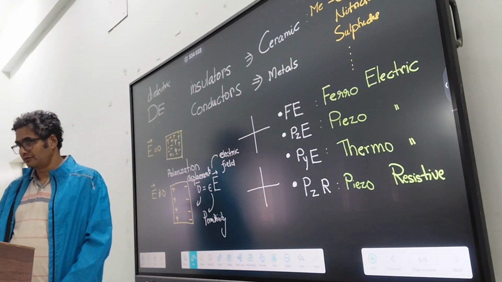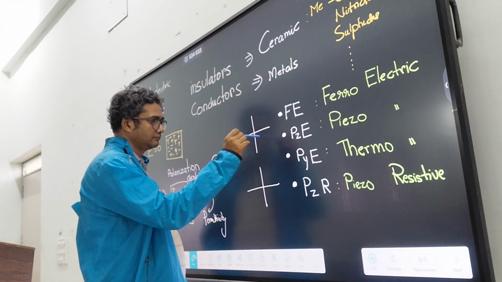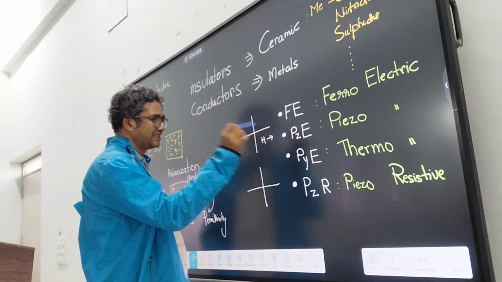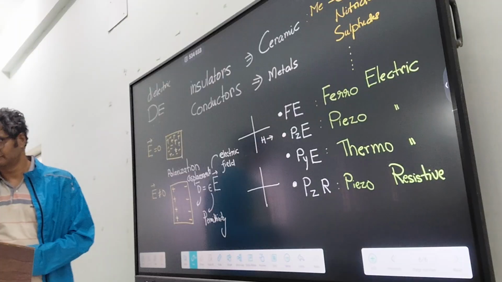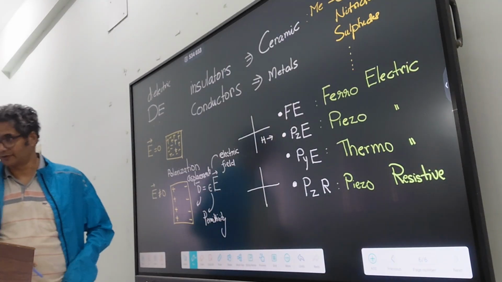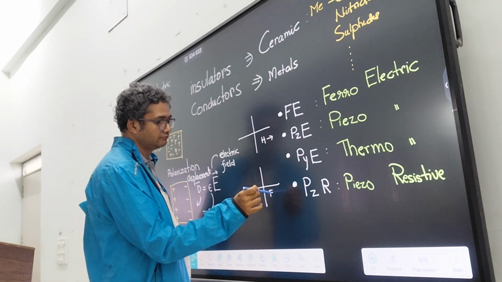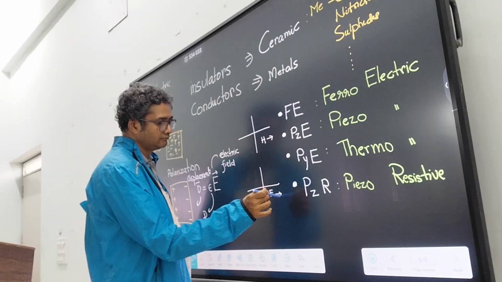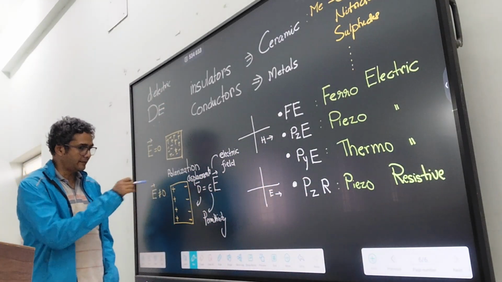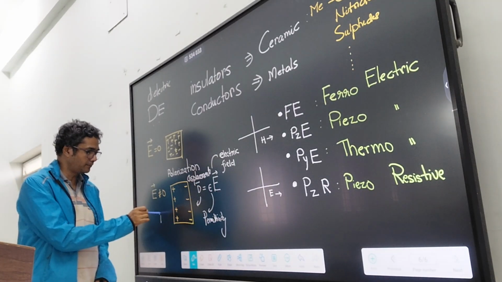ऊपर वाला जो डायग्राम है, that is with respect to H, H is the magnetic field, और नीचे वाला जो डायग्राम है, that is with respect to E. E stands for electric field, ठीक है। तो यहाँ पे if I am applying some sort of electric field, I am getting something called a polarization.